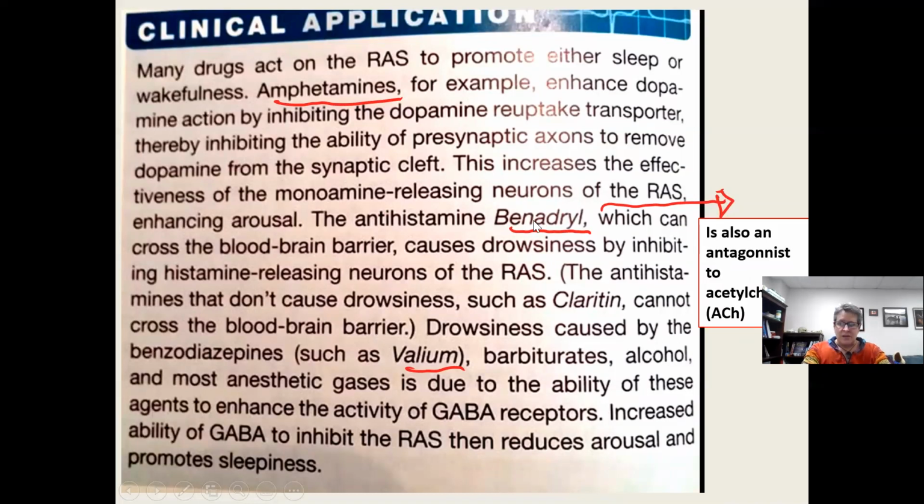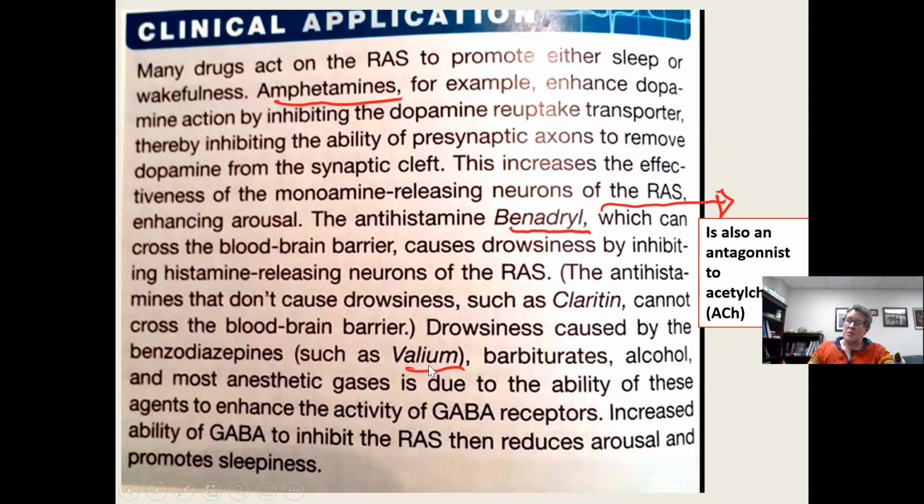The antihistamine, Benadryl, basically causes drowsiness by inhibiting your reticular activating system. It also blocks acetylcholine in your brain. So Benadryl is doing two things. Inhibiting acetylcholine, that is basically inhibiting the reticular activating system, making you drowsy.